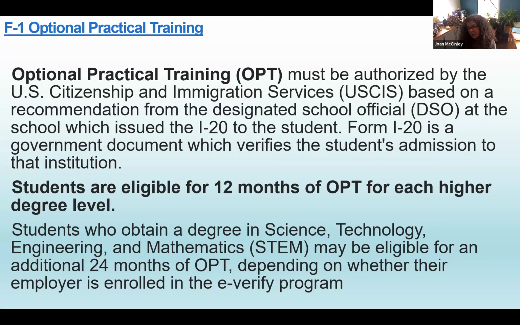So if we want to continue with this person, he can work here for the full 12 months of post-completion OPT, but at the end of those 12 months, and actually at least probably 6 or 7 months into his employment, you want to start discussing his next opportunity if he's going to stay at Temple. Because again, we're not enrolled in E-Verify, he's not going to be able to do a STEM extension. So you're either going to do an H, or maybe he's Canadian and you could do a TN, or other opportunities, but not STEM.